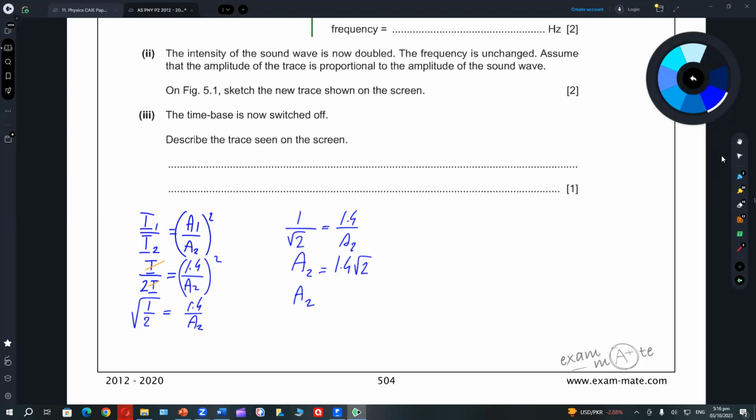So that will be 1.98. So we have shown all the working.